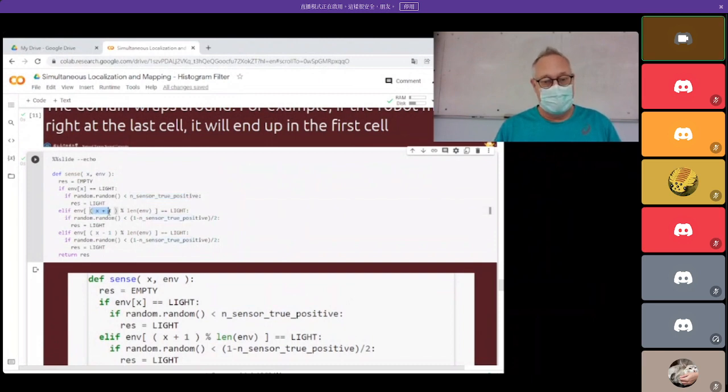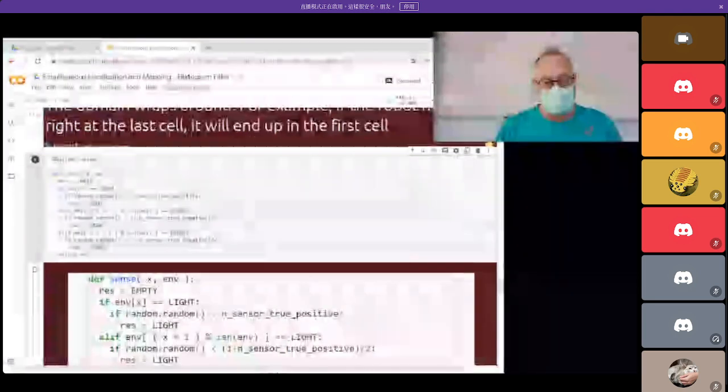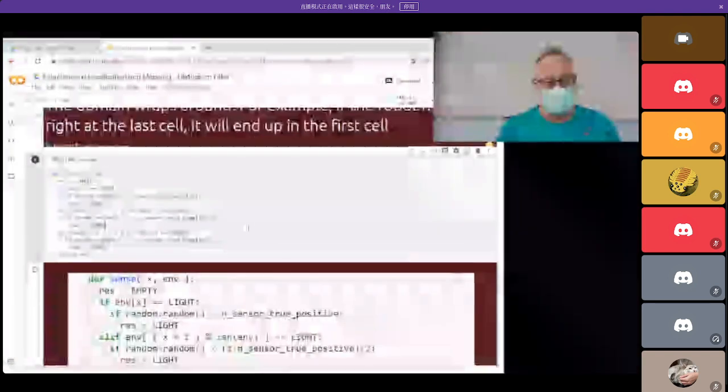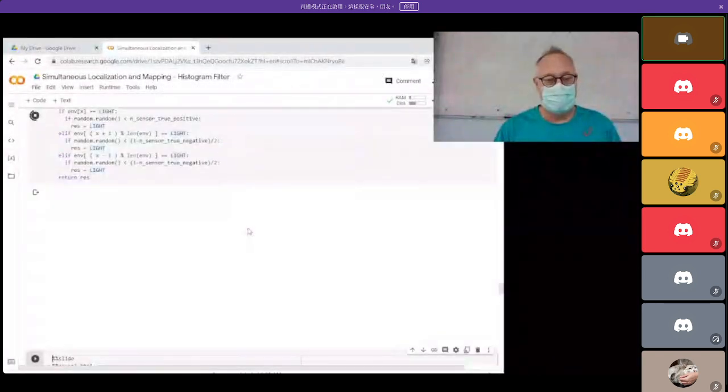And if our position is left or right of a light, then one minus the true negative rate, we will detect the light. Otherwise, we will detect an empty cell.